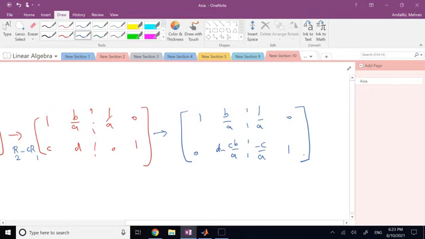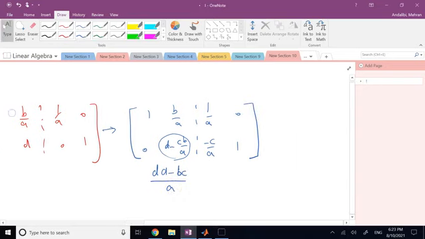What I'm doing, and now what I need is to make this guy a 1. And if you simplify this, that's da minus bc divided by a. So that's the determinant divided by a. So what I need is to multiply that second row by a over the determinant. That makes this guy a 1.